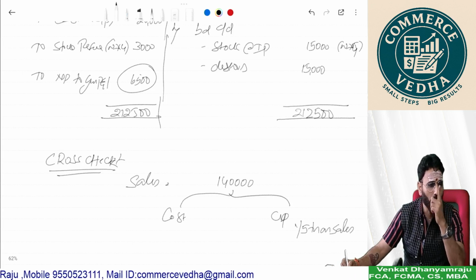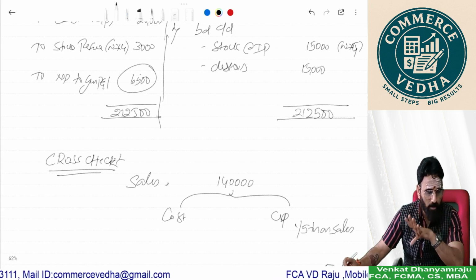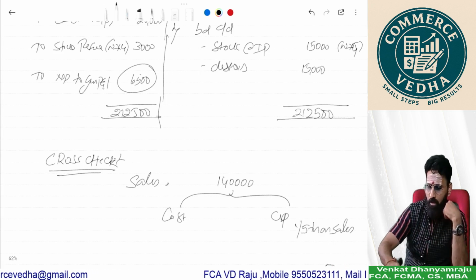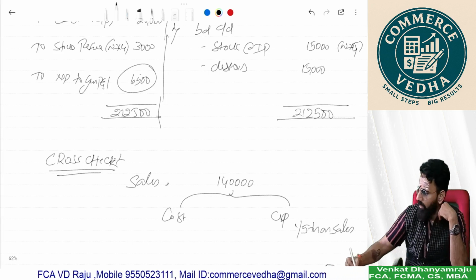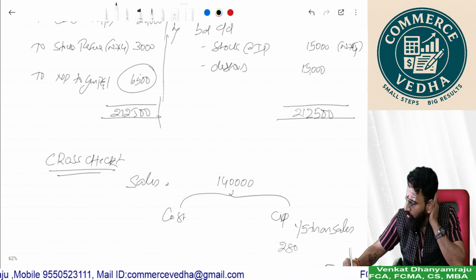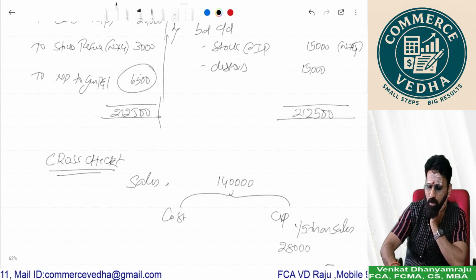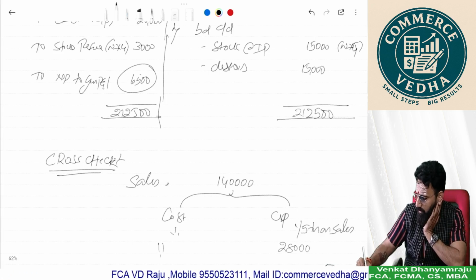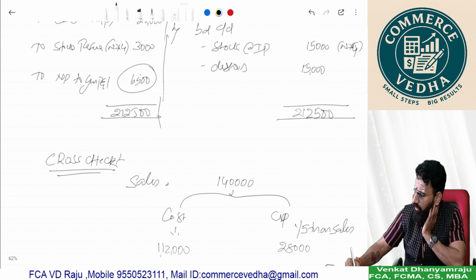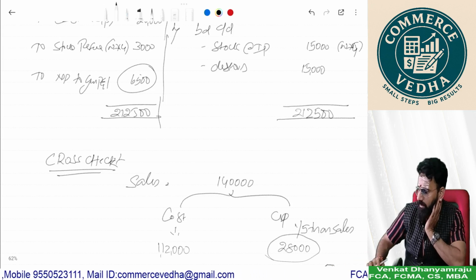Because it is 1/4 on cost, the profit is 1/5 on sales. So 1,40,000 into 1/5, the profit is 28,000 and the cost is 1,12,000. So gross profit is 28,000.